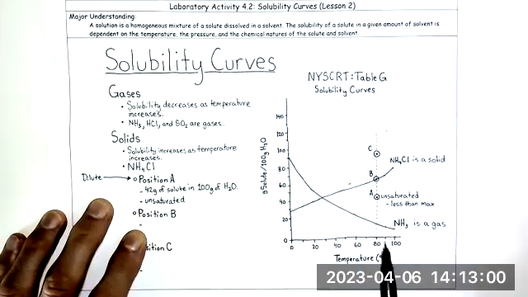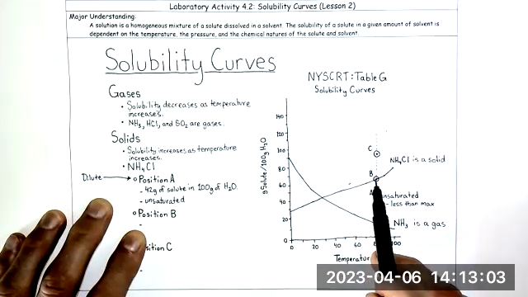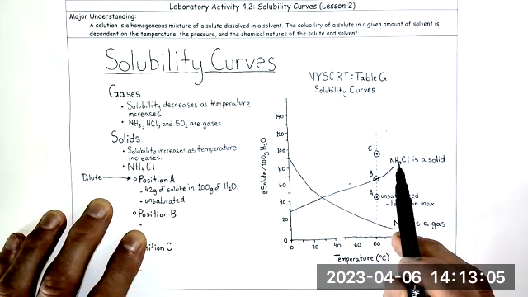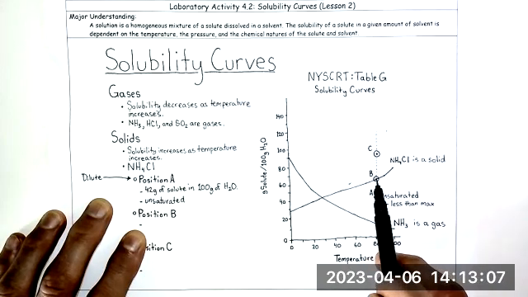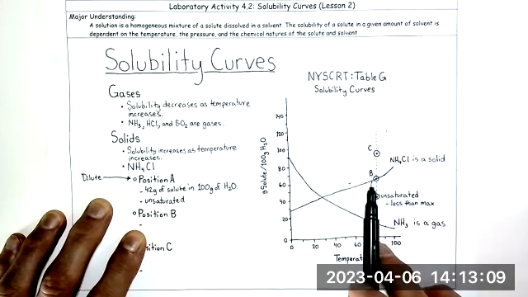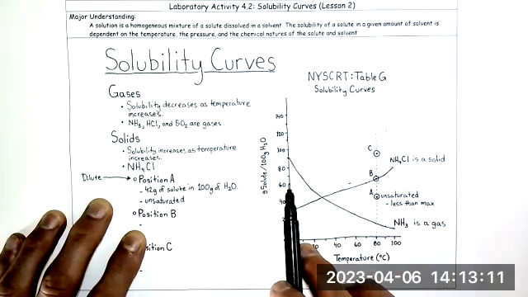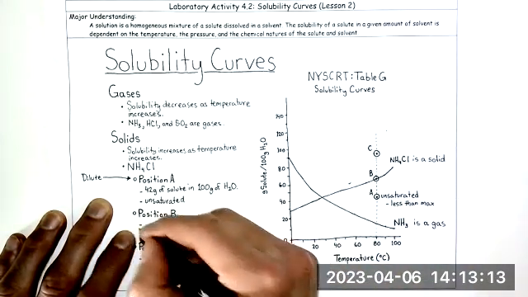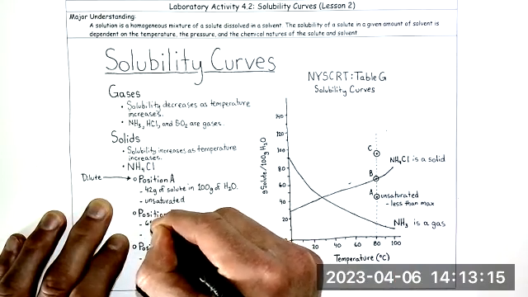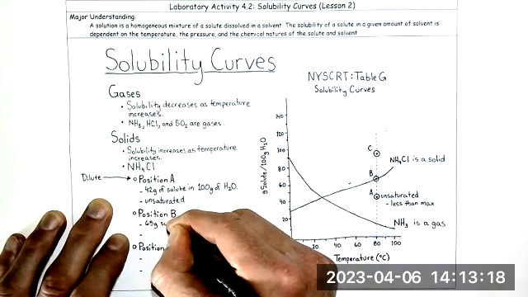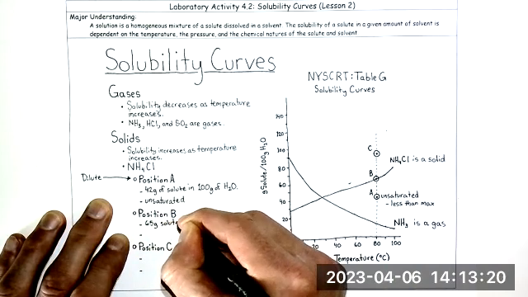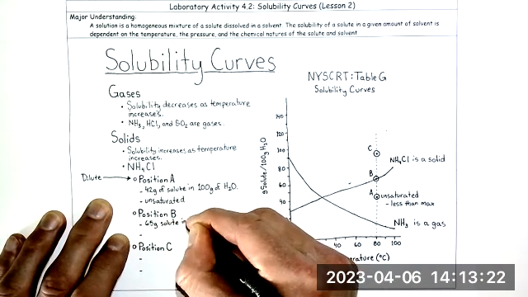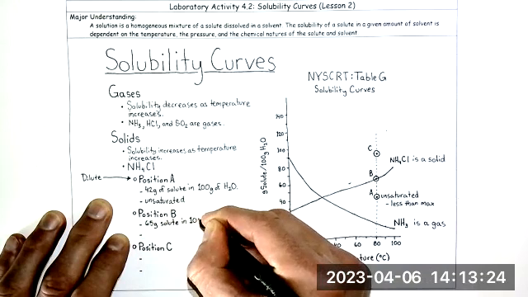Okay, now for position B is actually right on the line for the curve of NH4Cl. Okay, and so we could say for position B we have about 65 grams of solute. So we could say there's 65 grams of solute in 100 grams of water.